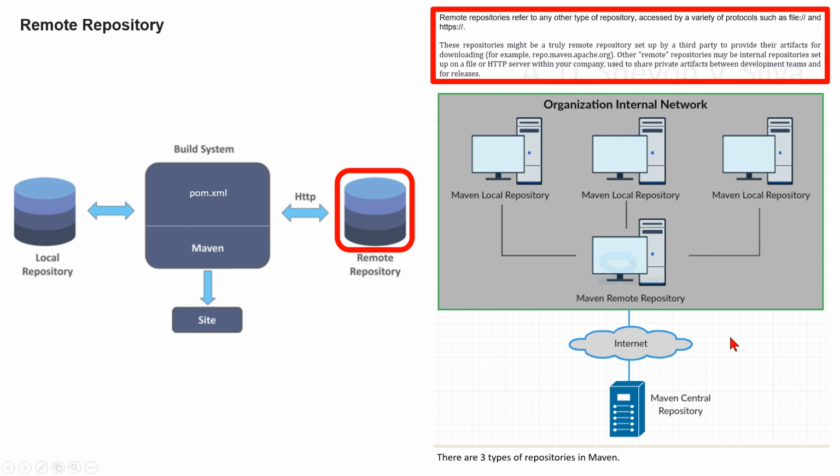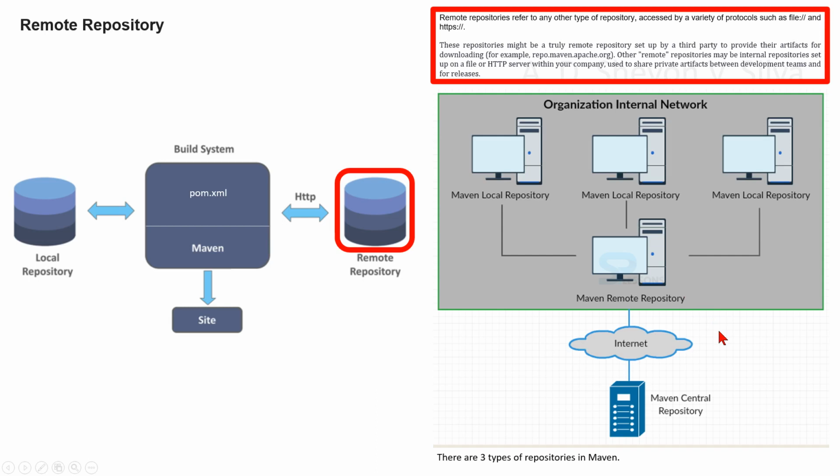There are 3 types of repositories in Maven: local repository, central repository, and remote repository. The searching sequence of dependencies in these repositories is the same.